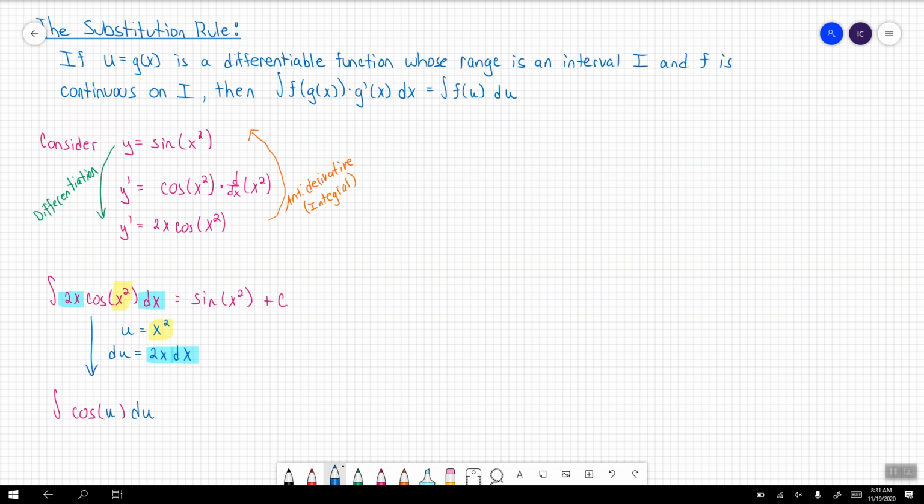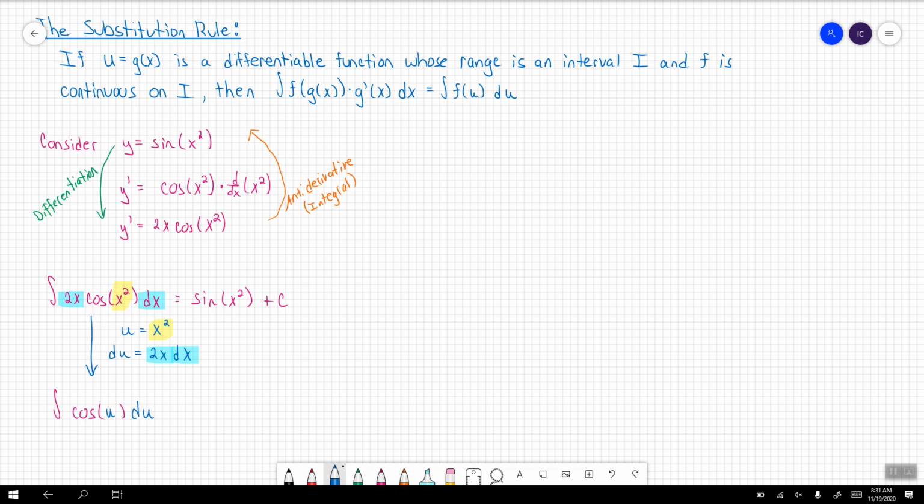Now, I want you to pay attention here, or stop and pause for a second, because we are now left with an integral that only has one variable. If at any point in time we are left with two variables, some x, some y, some u, some v, whatever it may be, you're going to stop and go back to your substitution and see how you can get everything into one variable.